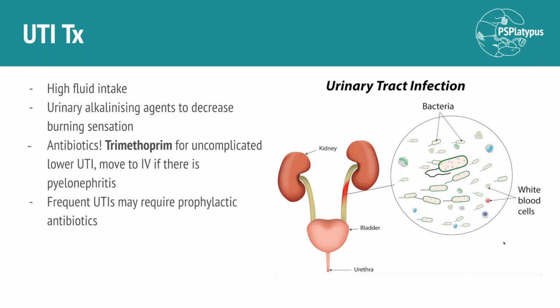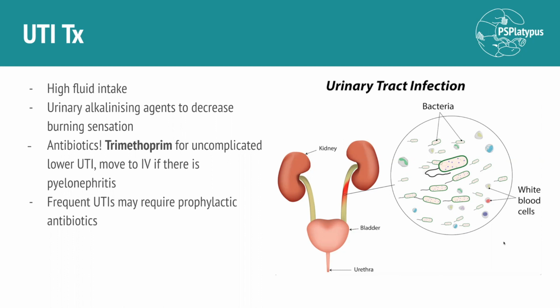However, if the bacteria has spread far up into the ureters and up into the kidneys, we get a situation of pyelonephritis, and this is a life-threatening situation where IV antibiotics are required ASAP, as this can lead to sepsis quite quickly and the patient can deteriorate rapidly.